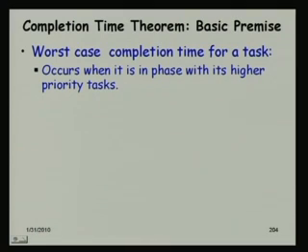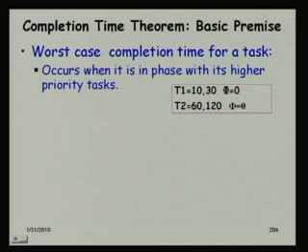So, if we can check the worst case situation, that is all tasks in phase, then we can say that they will meet their deadlines under all phasings. Now, to explain this idea that the worst case occurs when the tasks are in phase, let us take one example. We will take 2 tasks.